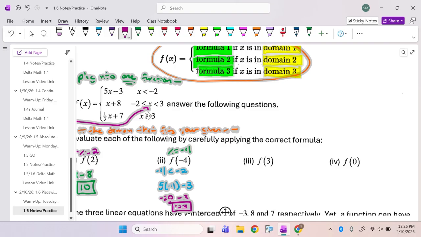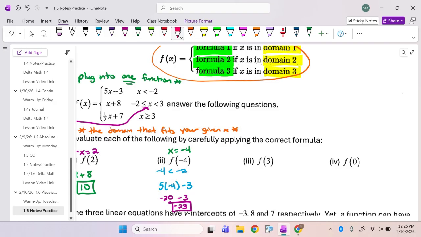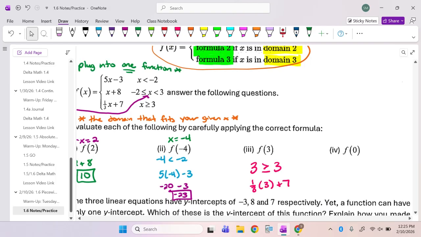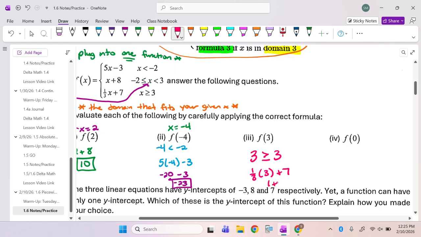So since it has that equal to symbol underneath it, and 3 is equal to 3, we use the bottom function. So since 3 is technically greater than or equal to 3, because it is equal to 3, we use that function. So if I plug it in, I have 1/3 times 3 plus 7. 1/3 times 3 is 1 plus 7, that's 8.